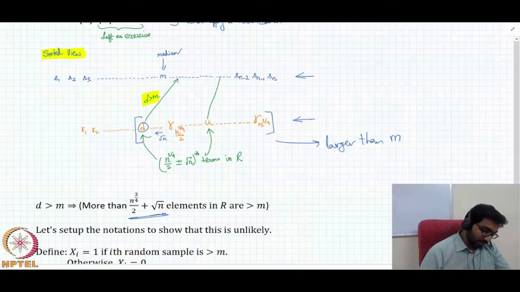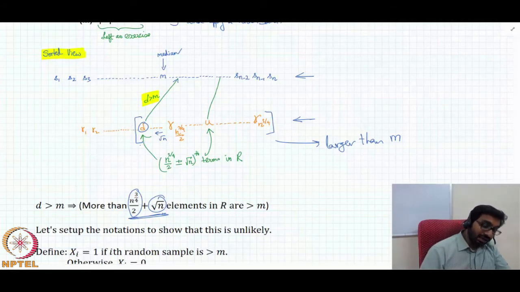Remember, this is the median element, and we walked square root of n steps to the left, so we have to add that as well. Obviously this looks like an unlikely event, but now we have to formally prove that it's indeed unlikely. So let's set up some notation to do that.